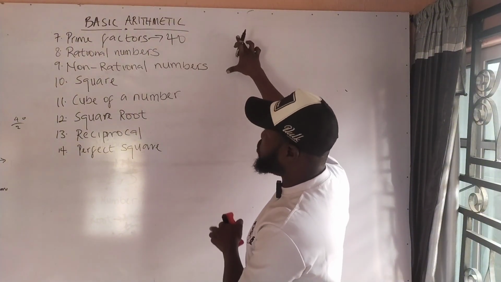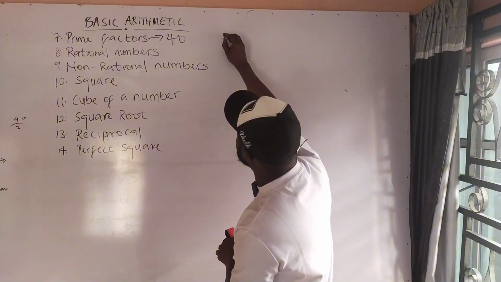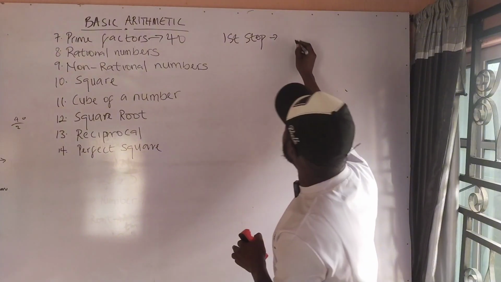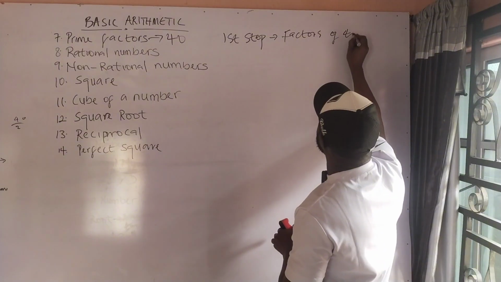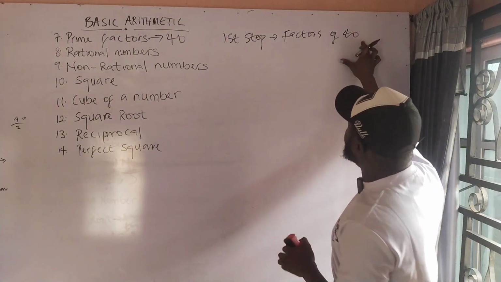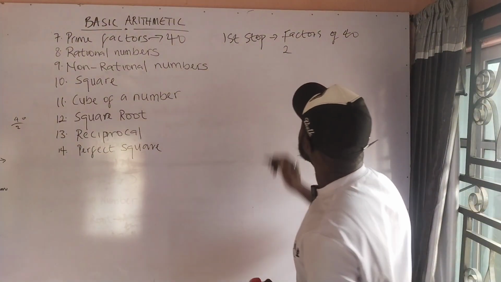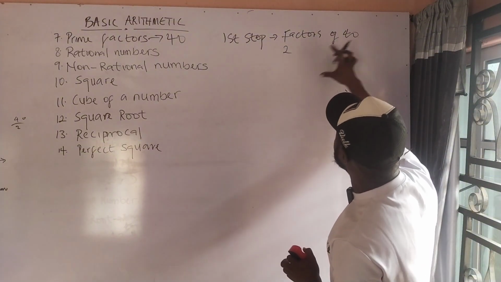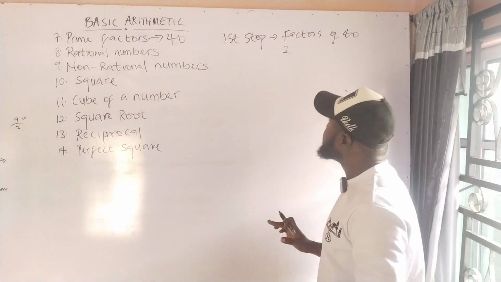The first thing you need to do is to find the factors first. First step: factors of 40. So what are the factors of 40? 2 is a factor of 40, right? Because you can use 2 to divide 40 without any remainder.